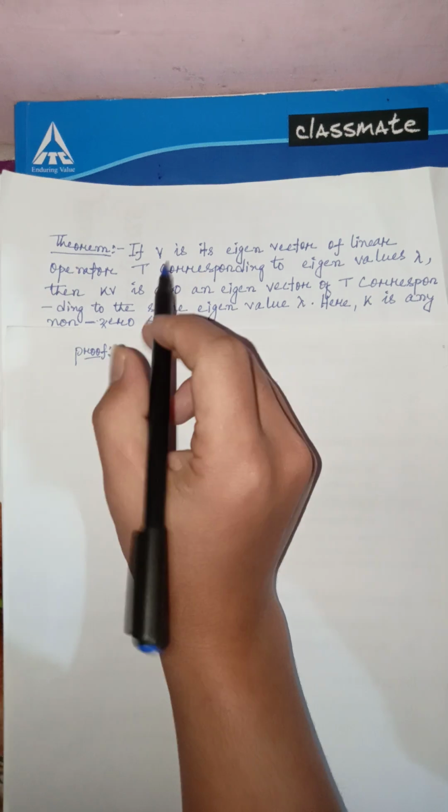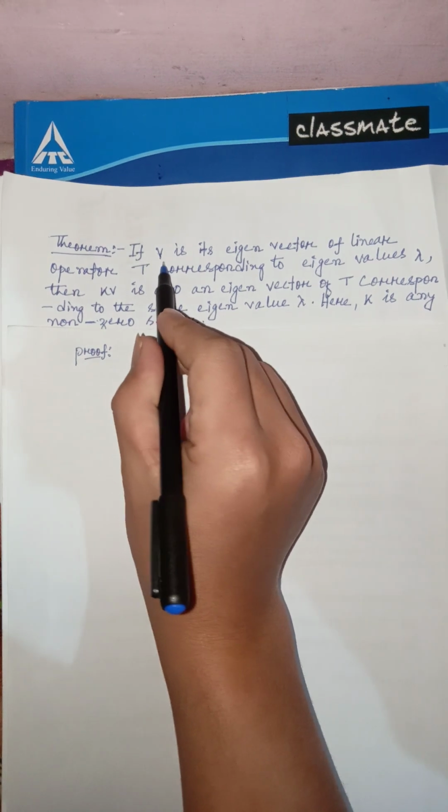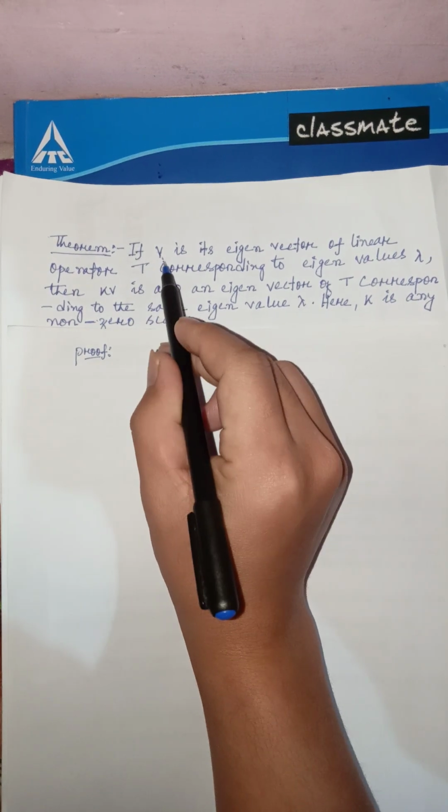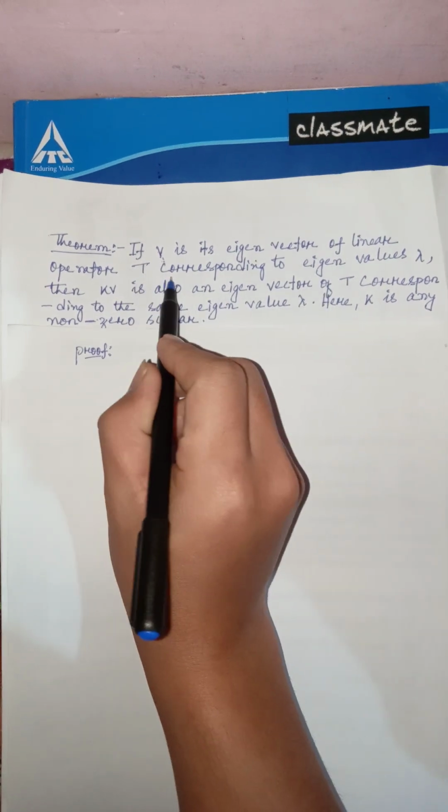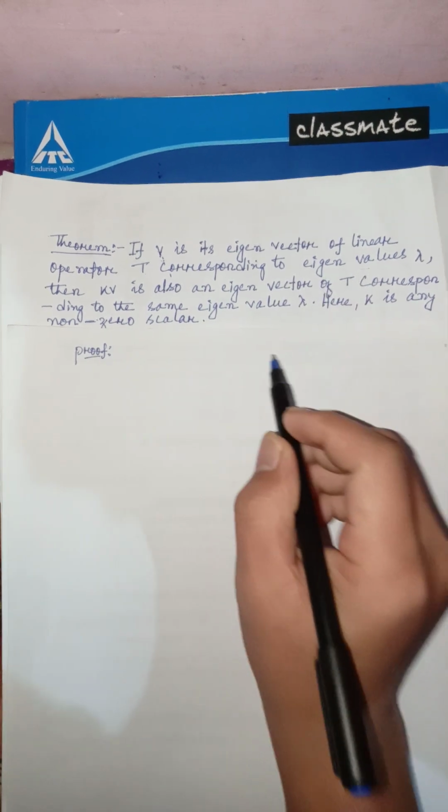Now let us use what the theorem has stated first. Here it states that v is an eigenvector of linear operator T corresponding to eigenvalue lambda, right?